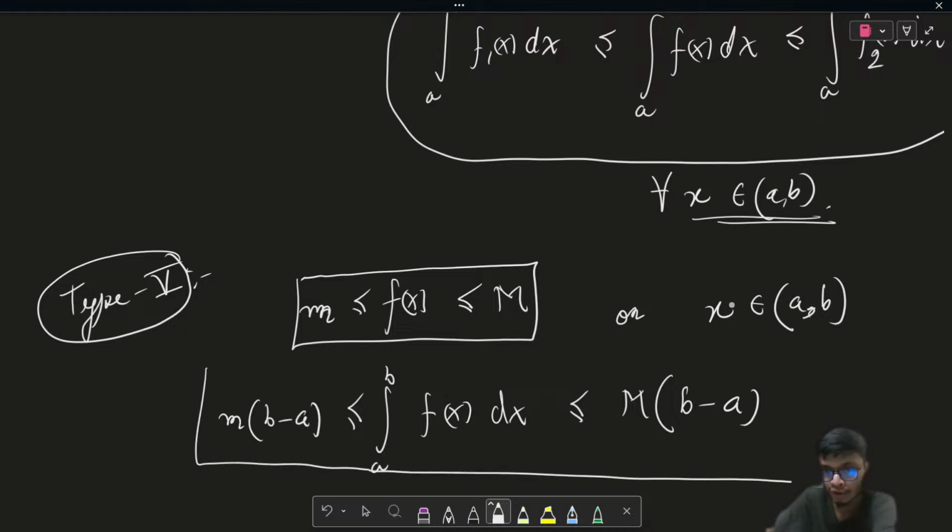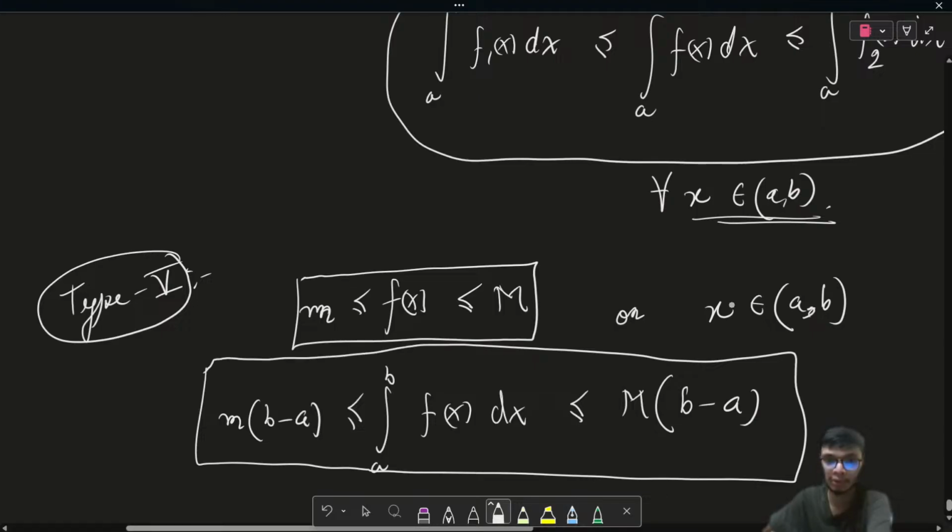So this is another crucial result for the upper bound and the lower bound of a given integral function. Is this part clear to all of you?